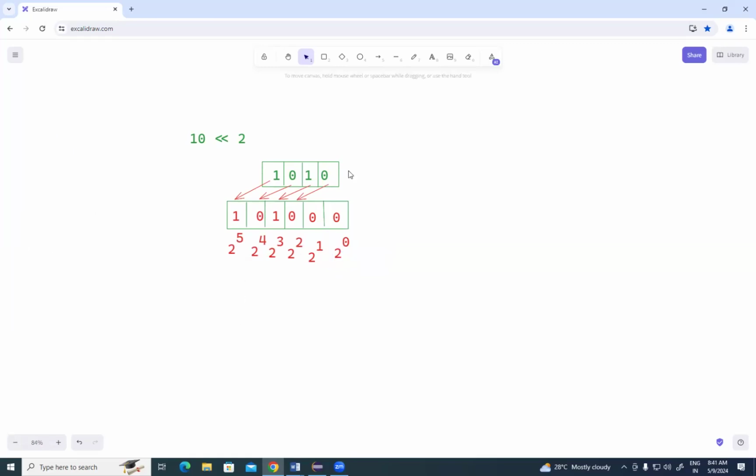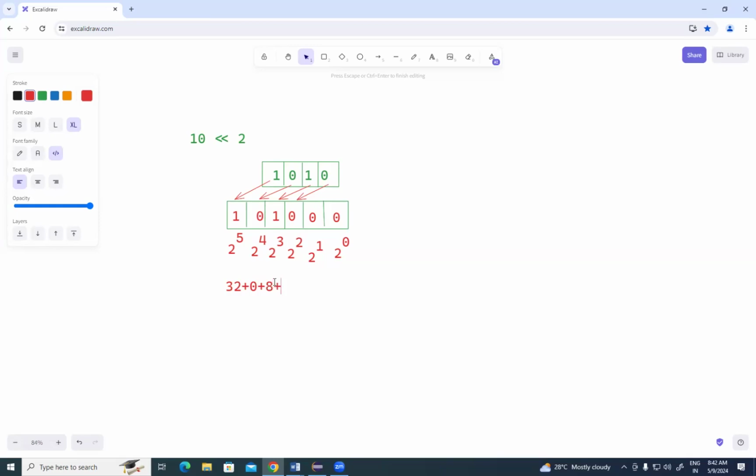2 power 5 into 1. 2 power 5 means how much? 32. 32 into 1, 32, plus 2 power 4 means 16. 16 into 0, 0. No need to worry about that. Plus, next, 2 power 3, 8. 8 into 1, 8.